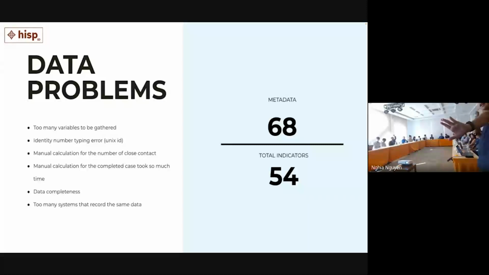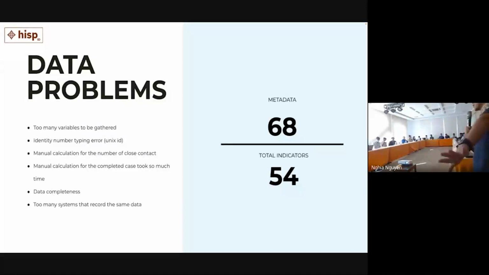Okay, and then manual calculation to complete the case, so much. So in Tracker Capture, if you remember from this morning's session, you saw complete, not delete. So we made our own script to automatically complete that data.